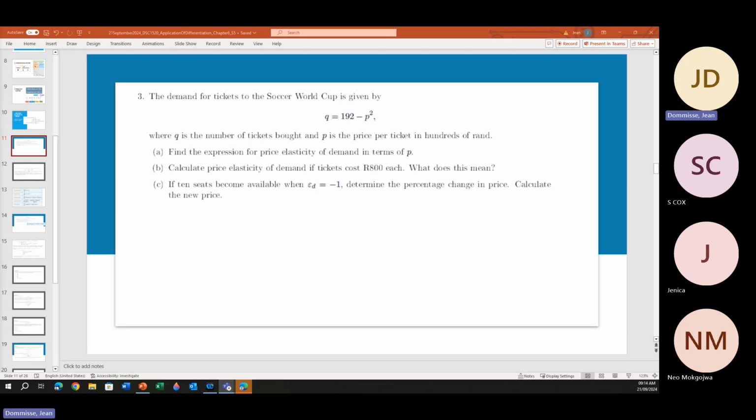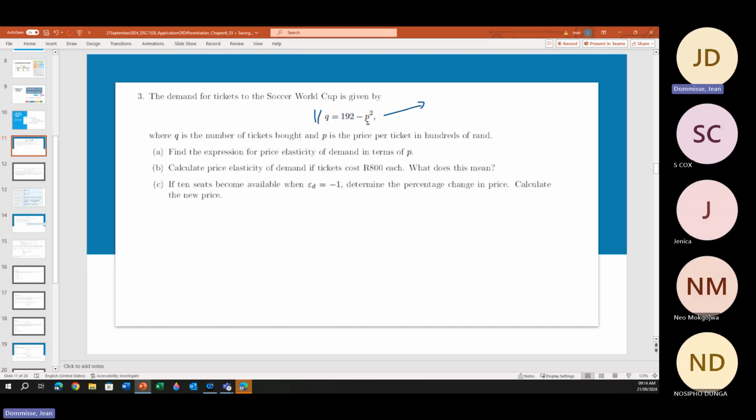The demand for tickets to the Soccer World Cup is given by this function, where Q is the number of tickets bought and P is the price per ticket in hundreds of rand. Okay, so they give us that function. Find the expression for price elasticity of demand in terms of P.